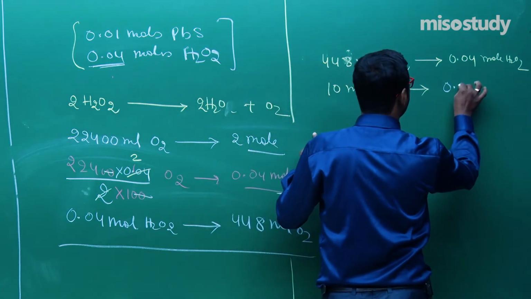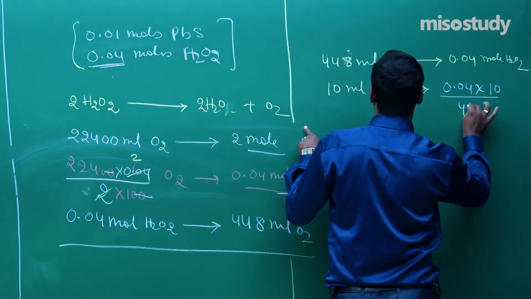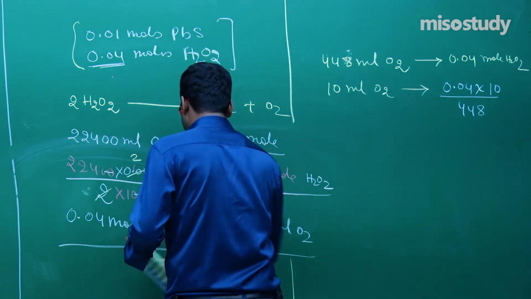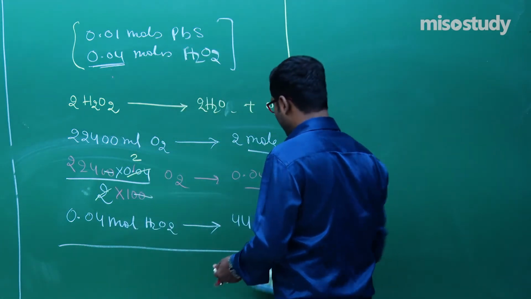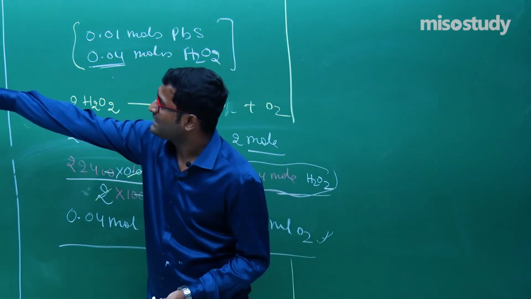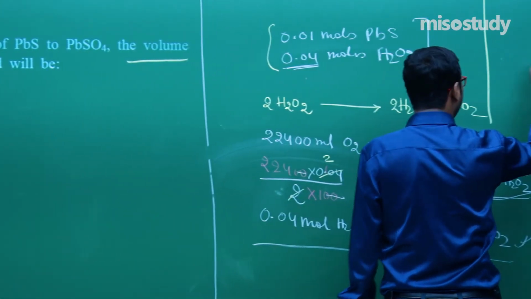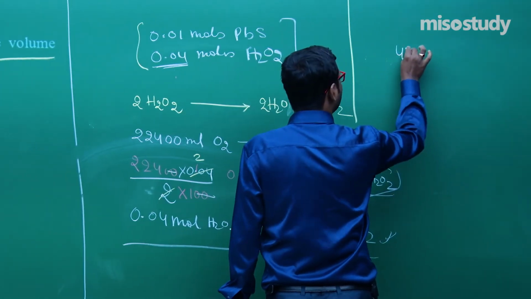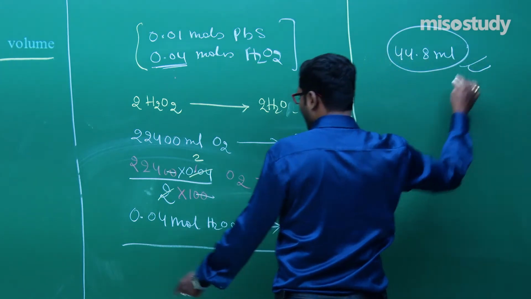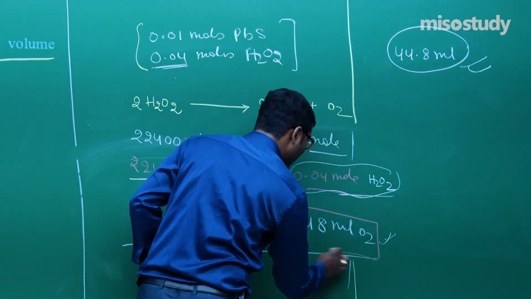We can put 0.04 multiplied by 10 upon 448 moles of H2O2. 10 volume means 10 ml. We do not need to solve the most part. We can easily say 0.04 mole H2O2 gives you 440 ml.